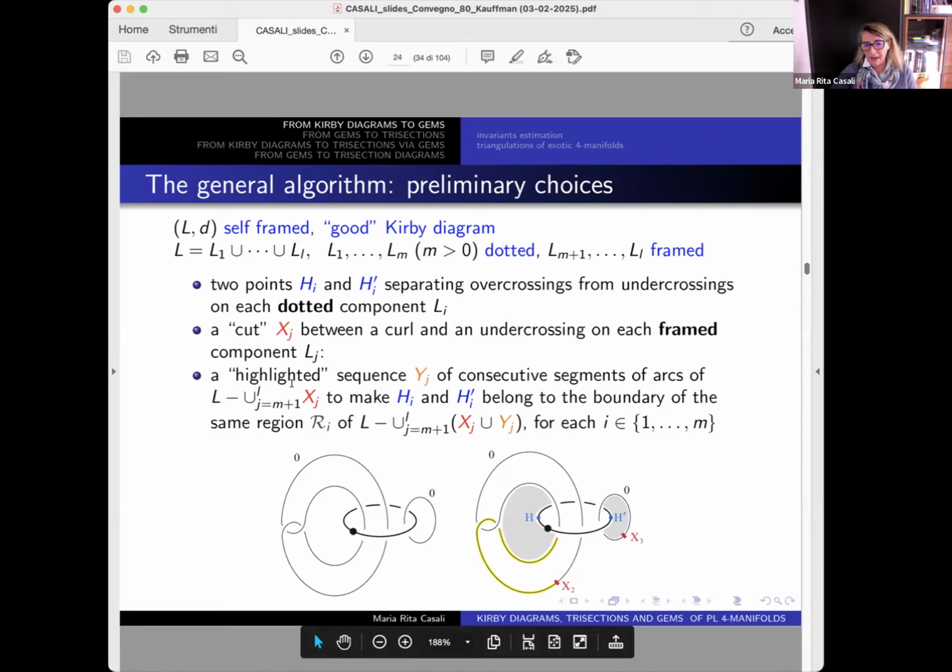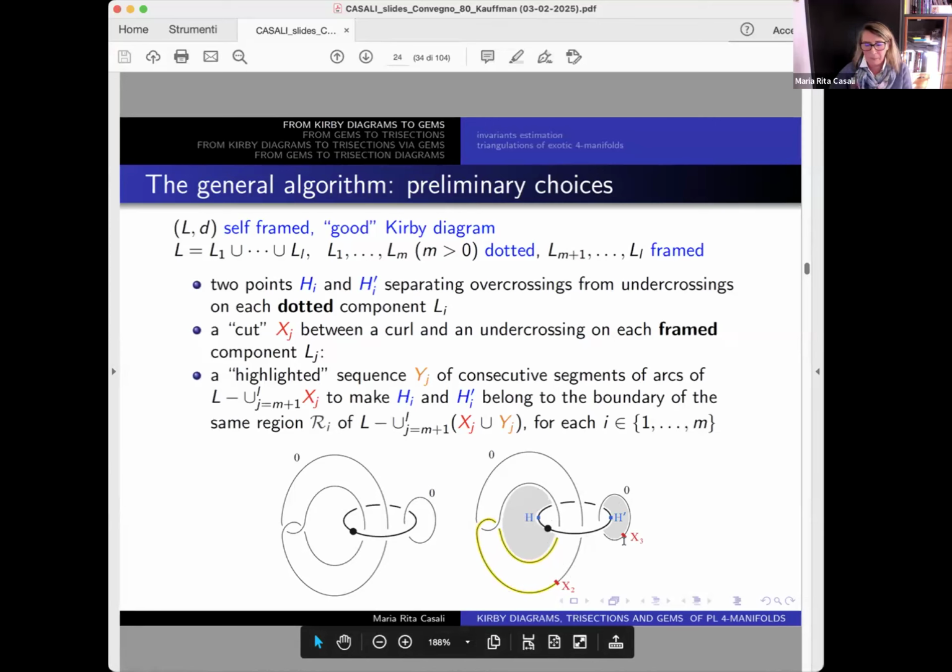Another choice: we have to highlight a sequence of consecutive arcs on each framed component, starting from the cut X, so that the 2 chosen points, H and H prime, belong to the boundary of the same region of the plane when the cuts X and the highlighted arcs are removed.